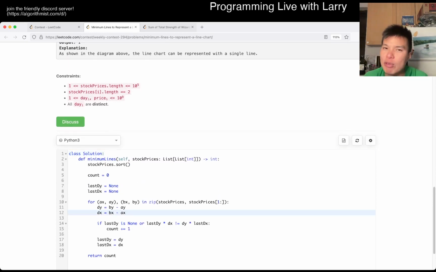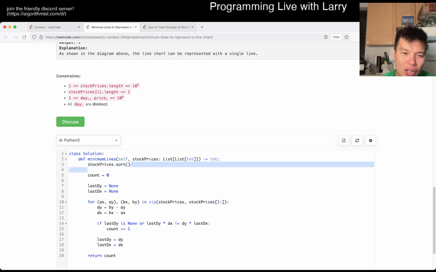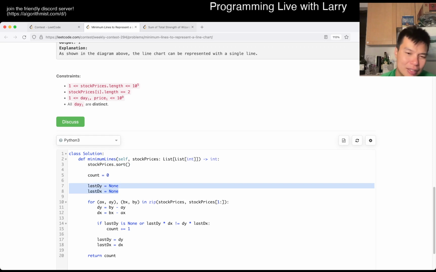I think so. The only caveat here is that slope in this case is going to be dy over dx, and we'll go over my code in a sec. Basically, first we sort, by the X and then the Y, so you can just do a sort, and then count is the number of line segments that you need. First we start off with none, but that's fine.